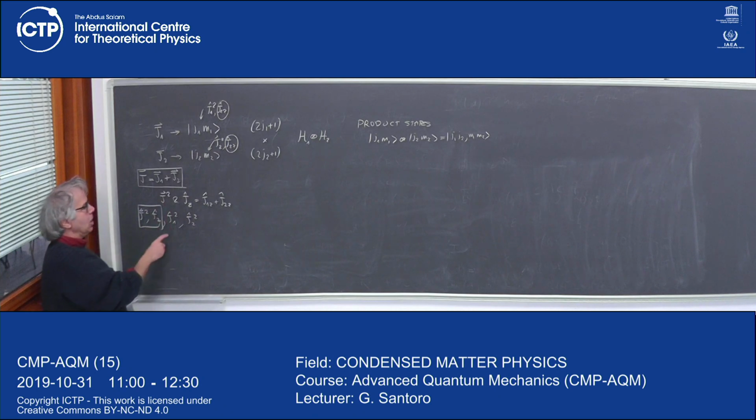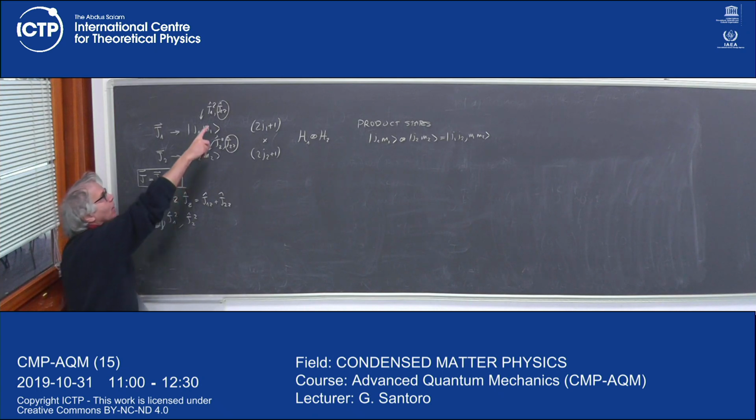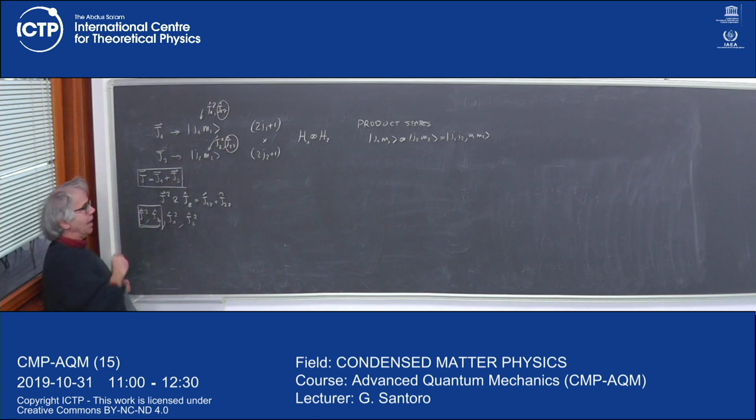J1 square and J2 square are always there. If all the states are eigenstates of J1 square and J2 square, they will also be eigenstates of them even when you combine them. But when you make combinations, J1Z and J2Z have to give the place to J square and JZ.